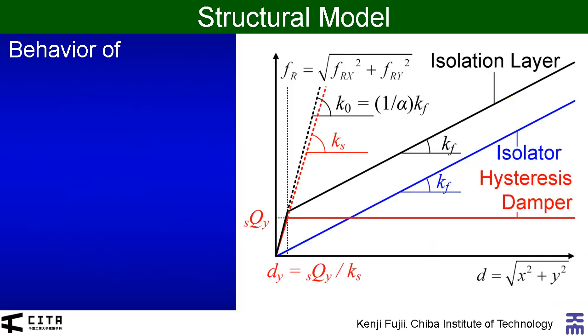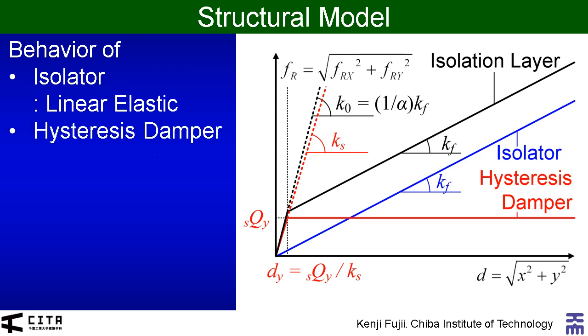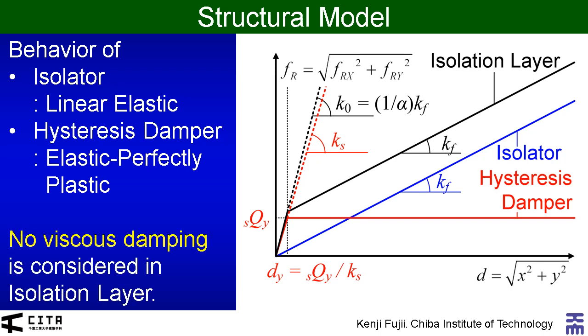The behavior of isolator is assumed to be linear elastic, while that of hysteresis damper is assumed to be elastic perfectly plastic. No viscous damping is considered in isolation layer.